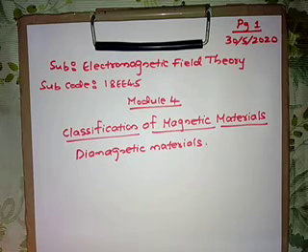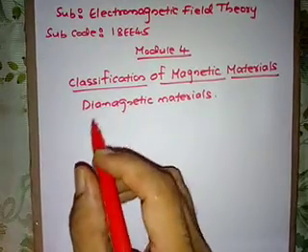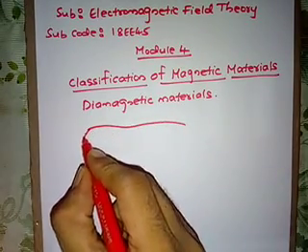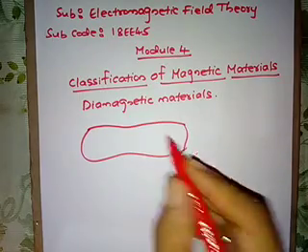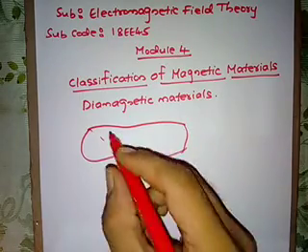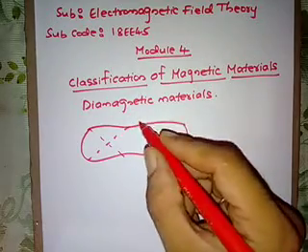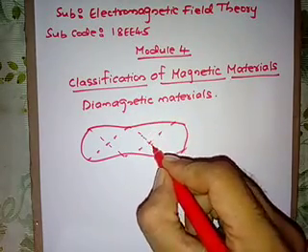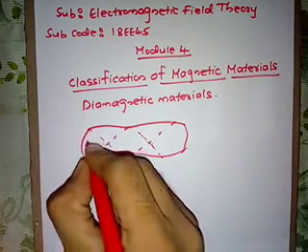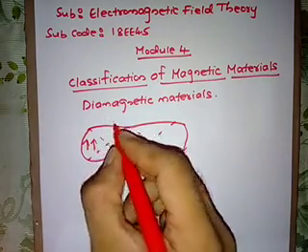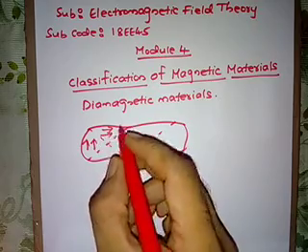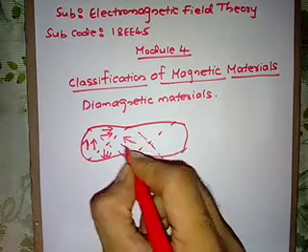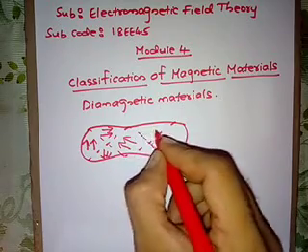We can see here a figure which shows the alignment of the magnetic dipoles. There are different domains. Here the magnetic dipole moments are arranged parallelly, but the directions are different in different domains.